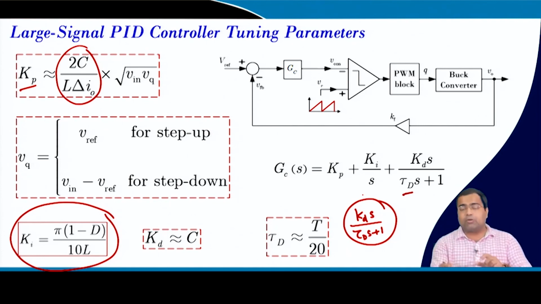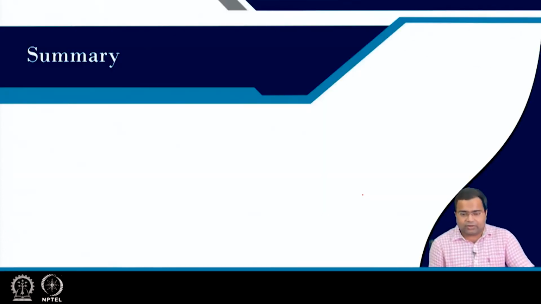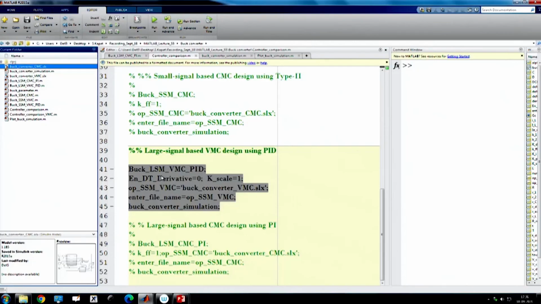So, that tau d should be small so that you can get close to derivative action, because that will carry the ripple information. So, let us go to a simulation case study and check.